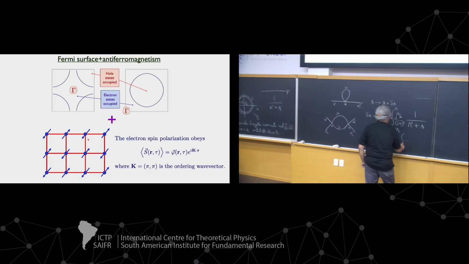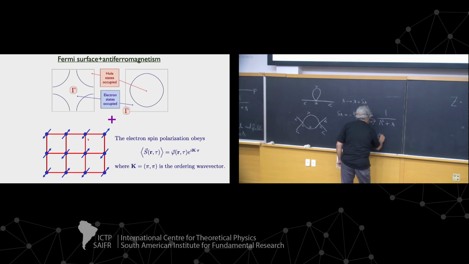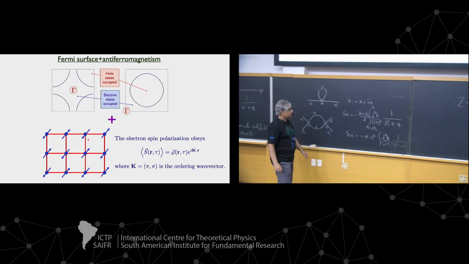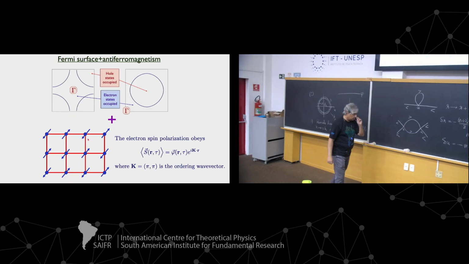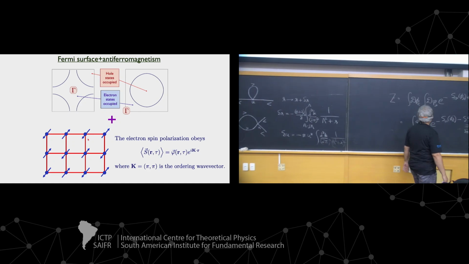And now we'll have the integral d^dk over (2 pi)^d, of 1 over (lambda squared plus r) whole squared, coming from these two. Okay, and that's pretty much it.